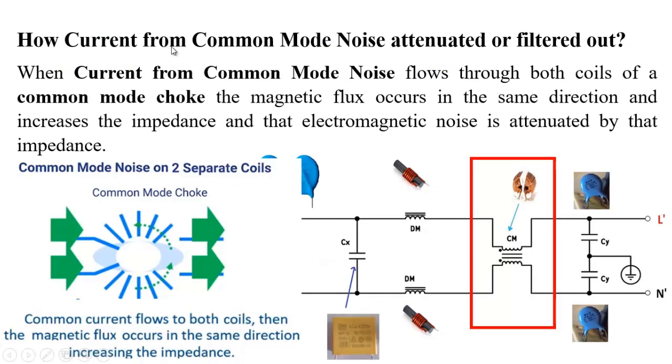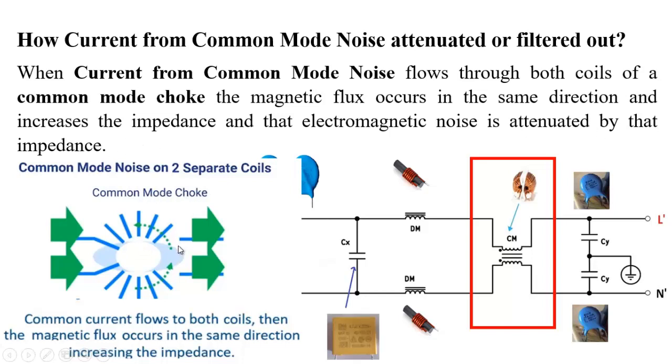How is current from common mode noise attenuated or filtered out? When current from common mode noise flows through both coils of a common mode choke, the magnetic flux occurs in the same direction and increases the impedance, and the electromagnetic noise is attenuated by that impedance.